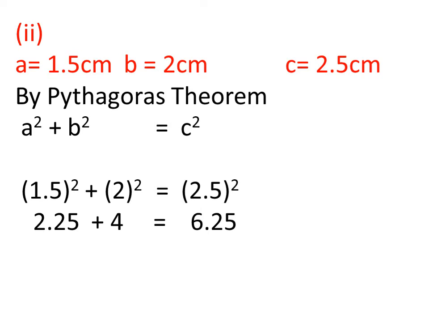Here we solve the terms on the left hand side, which gives us 6.25, and on the right hand side we write 6.25 as it is. Here you can observe that both sides are equal, so we can say the given sides are the sides of a right angle triangle.